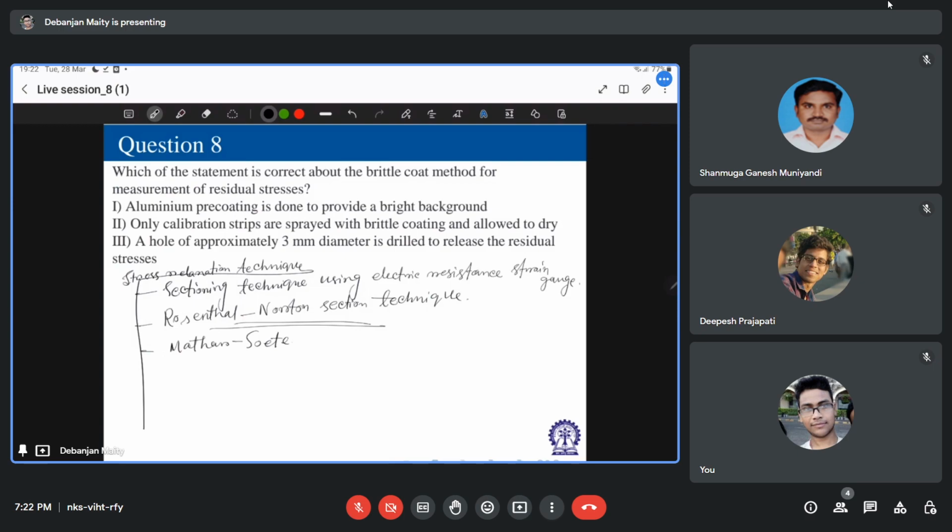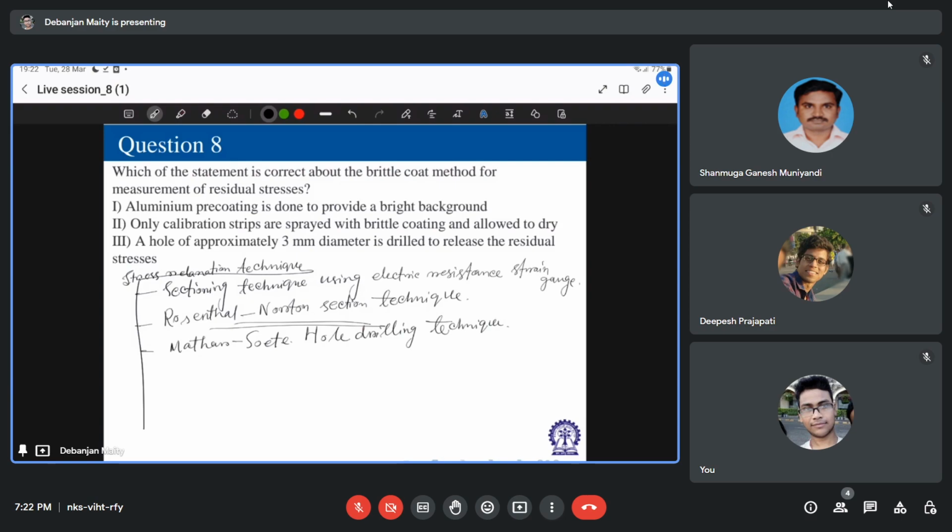And then there is something called the hole drilling technique for measuring this residual stress. When a hole is drilled in the middle of a rosette pattern of resistance strain gauges, the gauges register a change in strain, right?